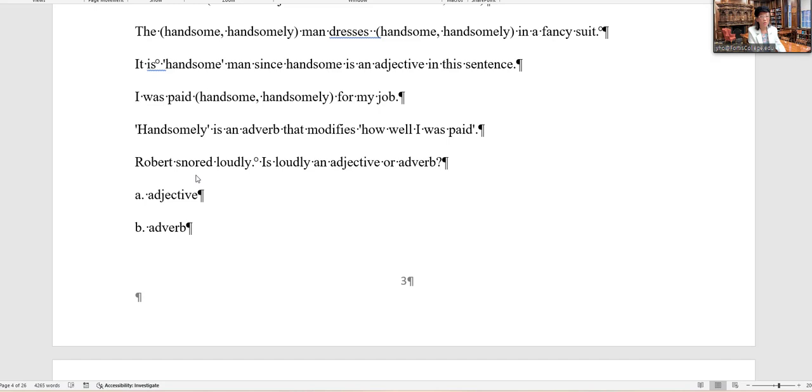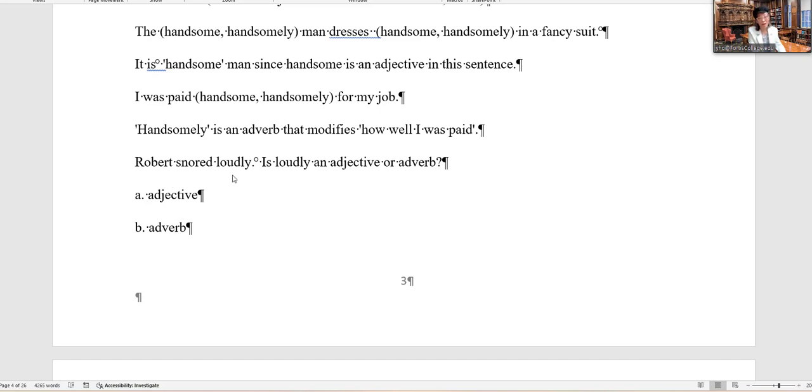Okay. Robert snored loudly. Is loudly an adjective or an adverb? Adverb. An adverb always modifies a verb, hence the word verb.